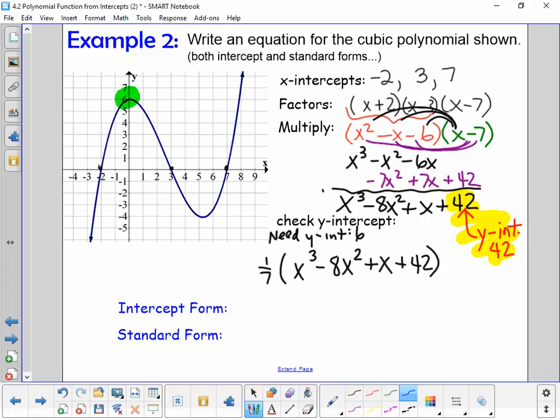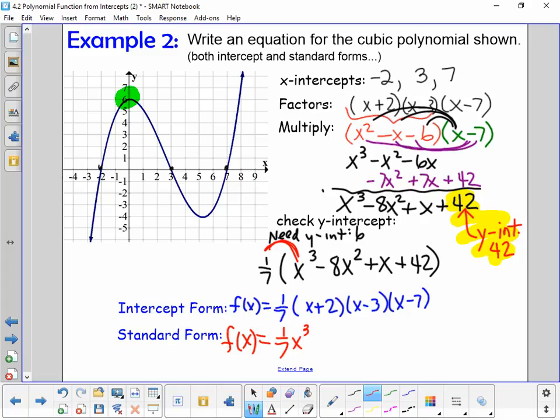Okay, so in intercept form, our function is going to look like, we'll put that 1/7 in front of those factors. It's the constant multiplier in the front. It's the stretch. In standard form, we would distribute that 1/7 into each of our terms, like here. That will be a 1/7 x to the third.